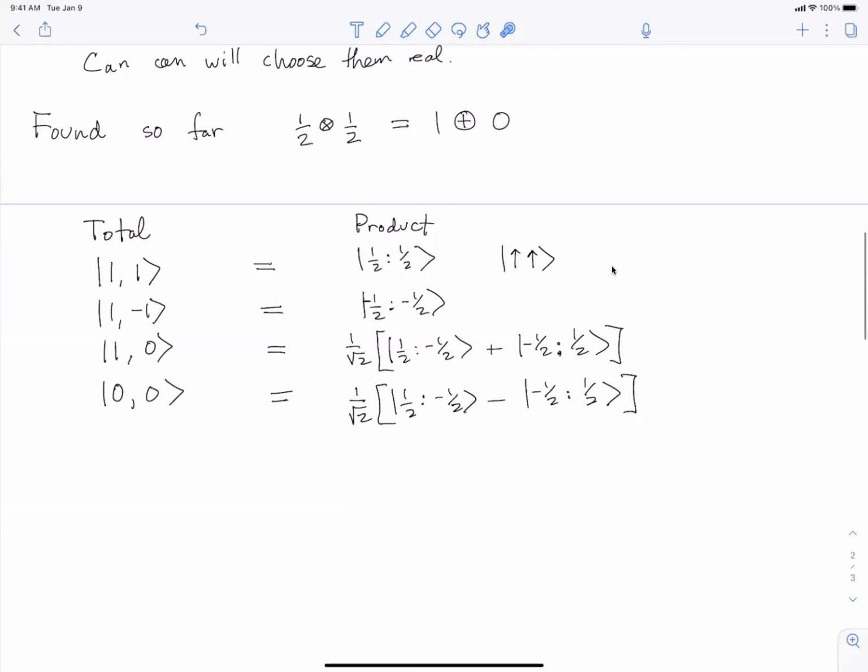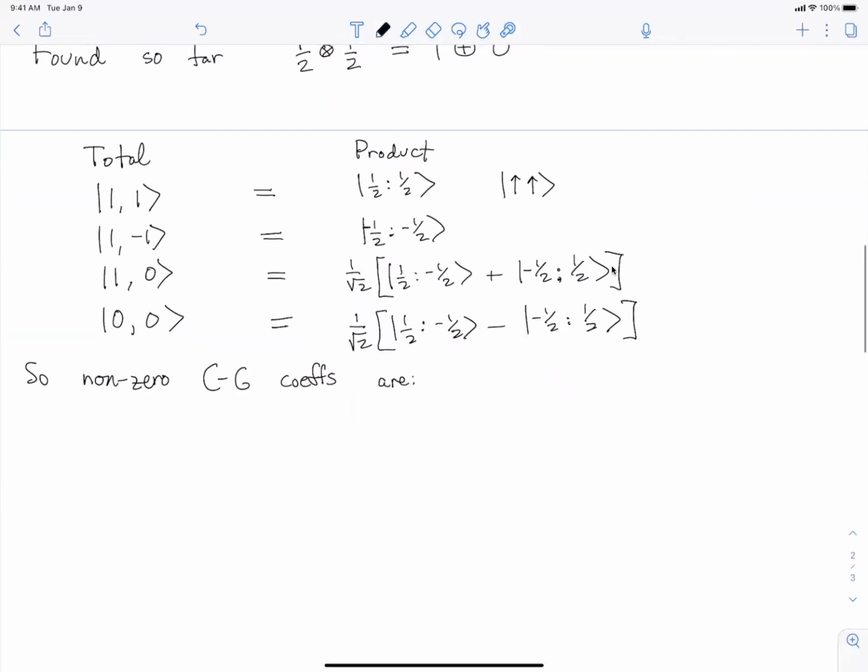So we can take this and say the non-zero Clebsch-Gordon coefficients are the following. I'm going to write this in the form where we include the j1, j2 information.